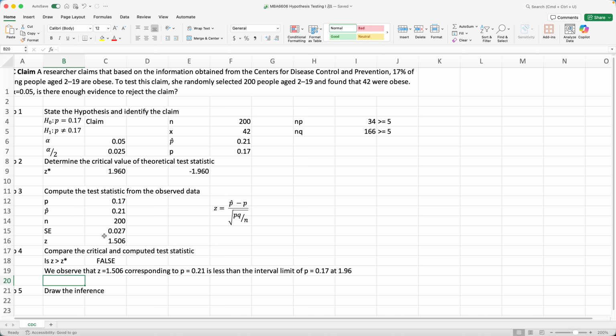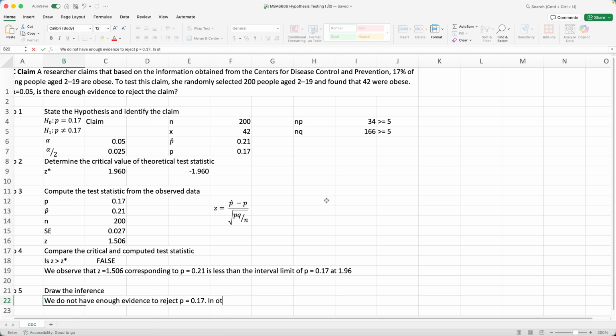So what is the inference? We do not have enough evidence to reject P equal to 0.17.